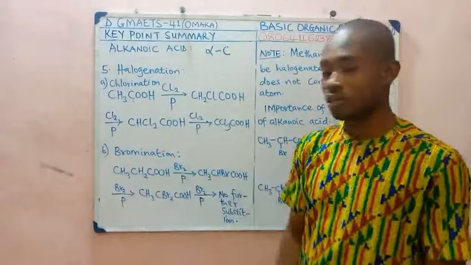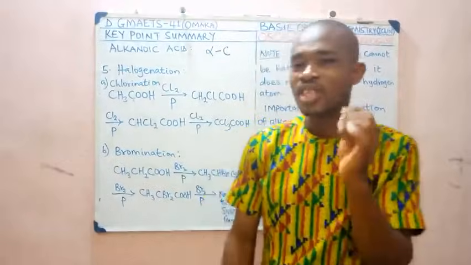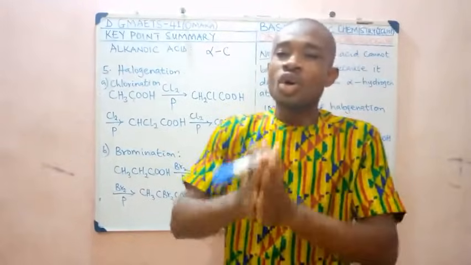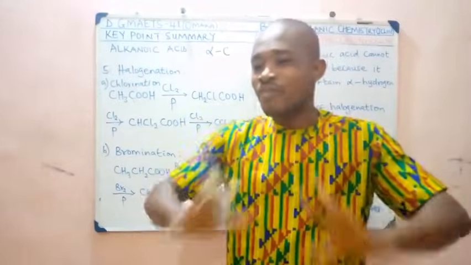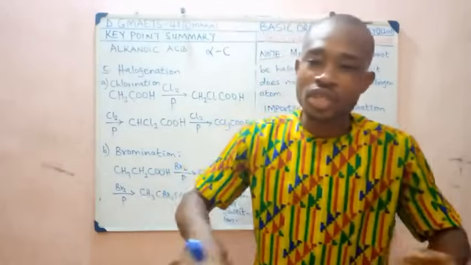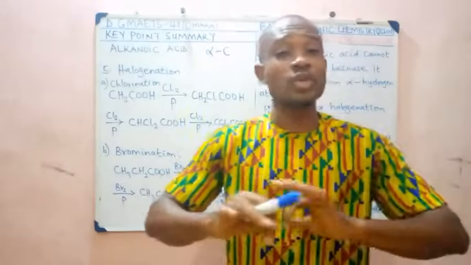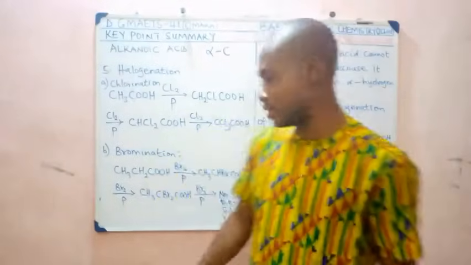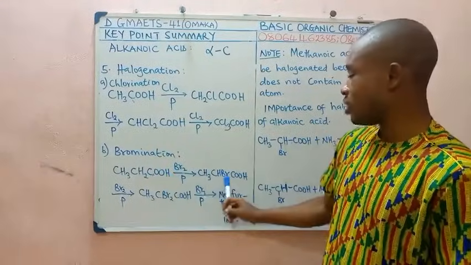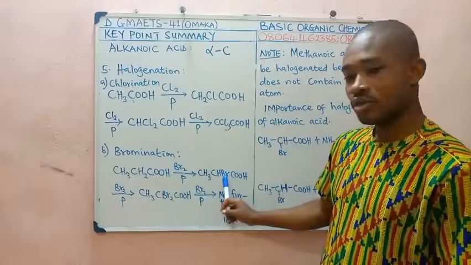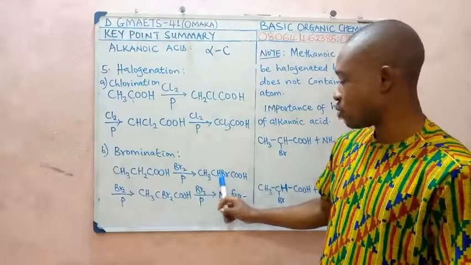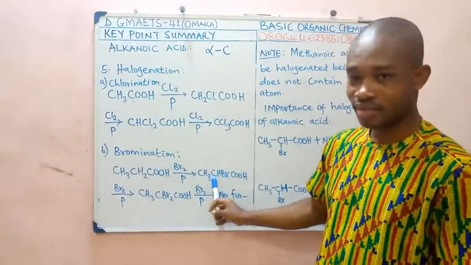Let's look at bromination, please. In bromination, please take notes. Bromination only attacks the alpha carbon. If it has replaced all the hydrogens on the alpha carbon, the reaction will stop if you try to brominate again. You can see that. The first bromination gave us this. Alright, this is mono-bromo-propanoic acid.